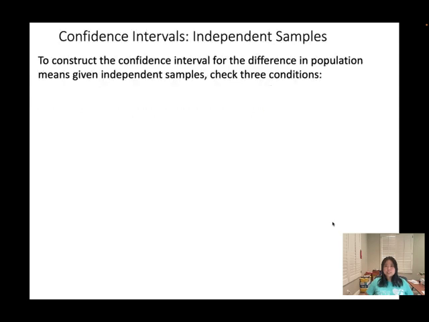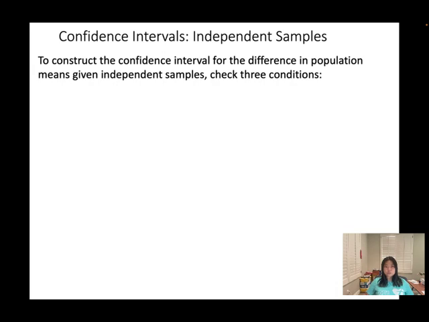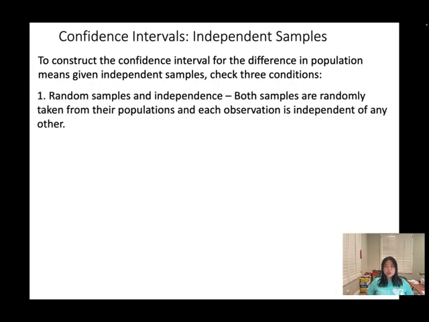Now let's look at the independent samples. We'll be working on the confidence interval. First, you need to check the three conditions. Number one, random samples and independence. Both samples are randomly taken from their population and each observation is independent of any other. Number two, independent samples.